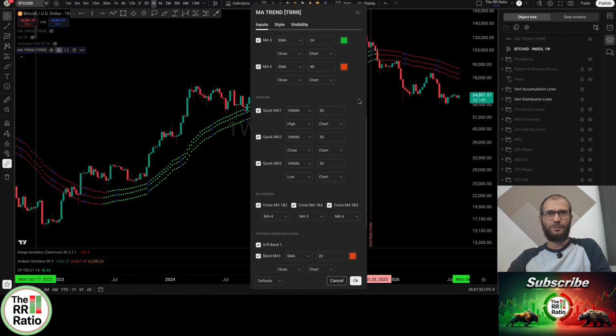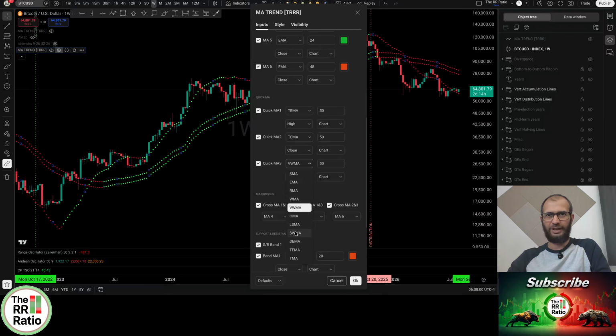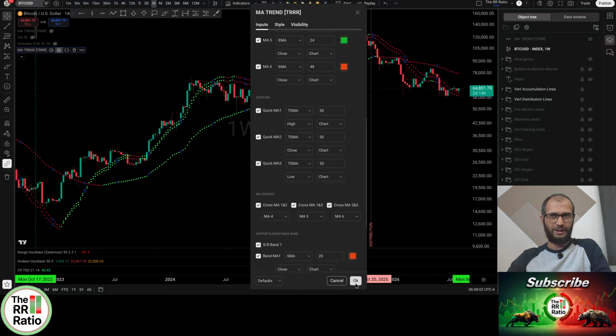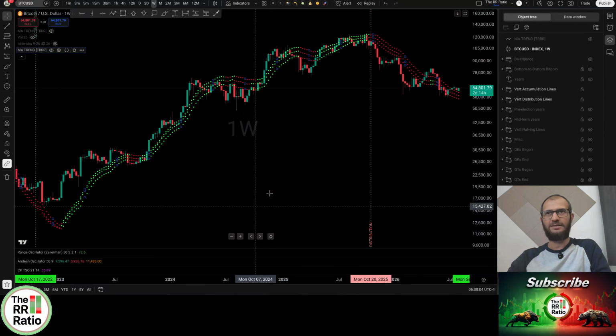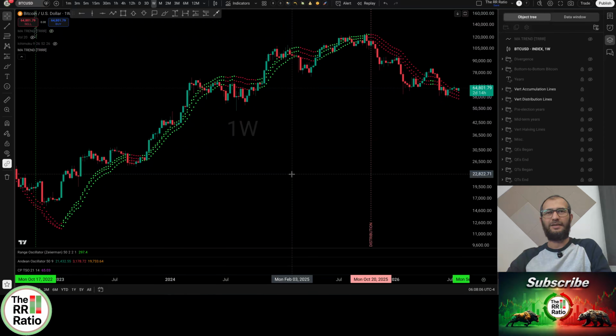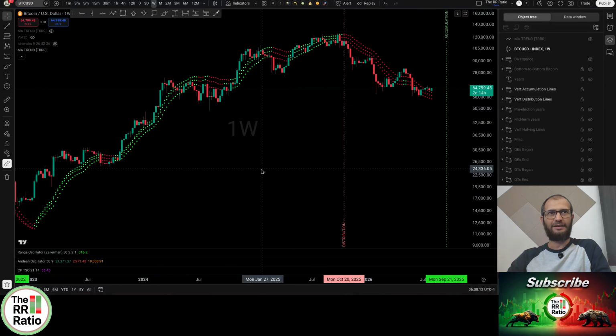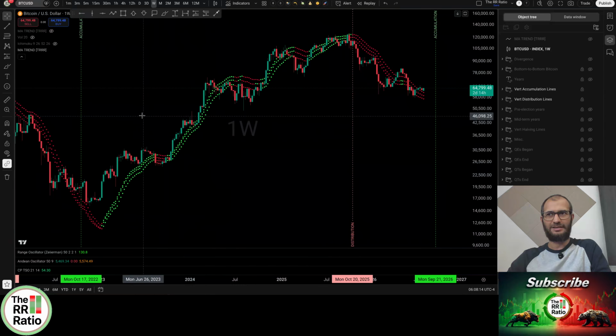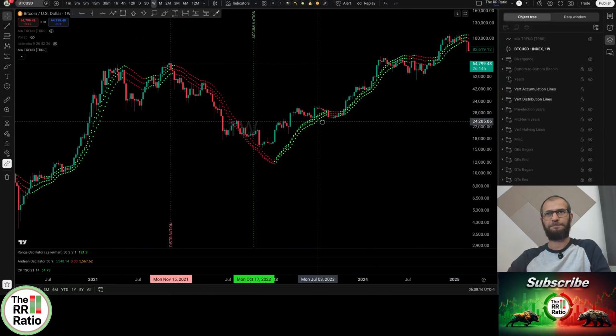There is one special moving average, which is the TEMA, the triple exponential moving average. What I really like about these TEMAs is that they are super reactive, but if you analyze it well, they tell us the entry very close to the bottom.